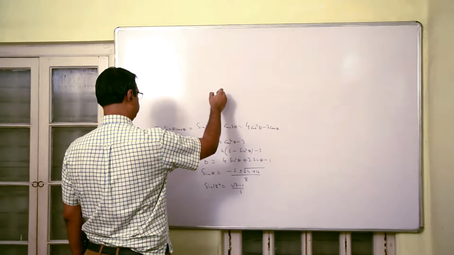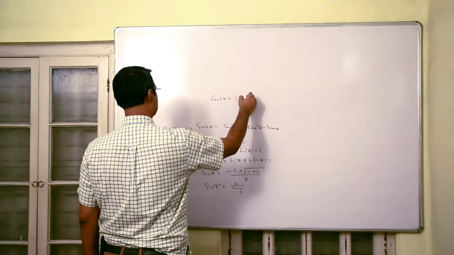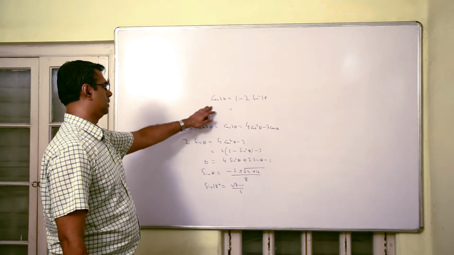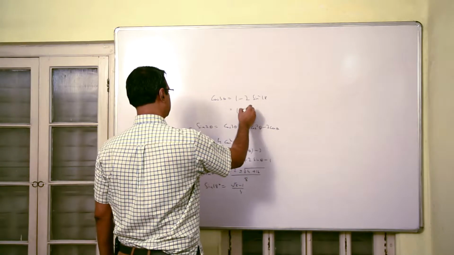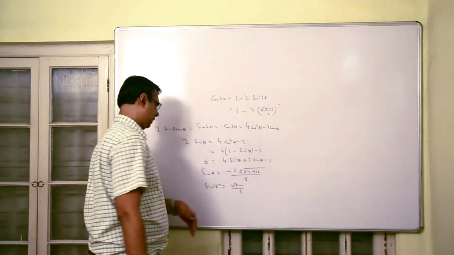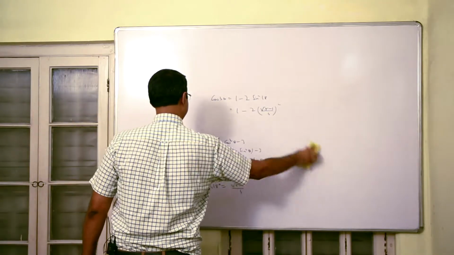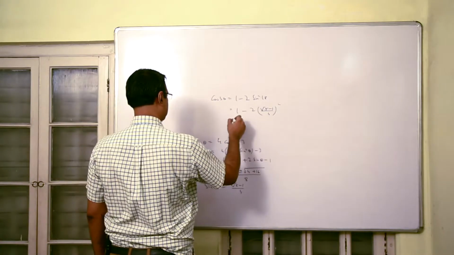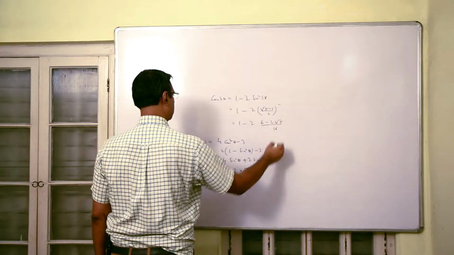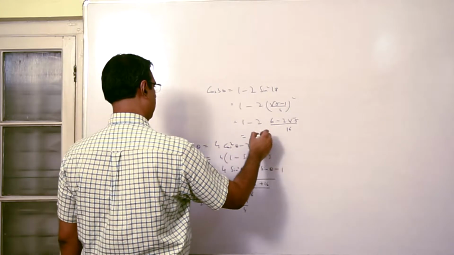Now similarly, suppose I want to find cos 36, so it is 1 minus 2 sine square 18. Now you have just seen how to find sine 18. You apply the value of sine 18. So this will become 1 minus 2 into 6 minus 2 root 5 by 16.